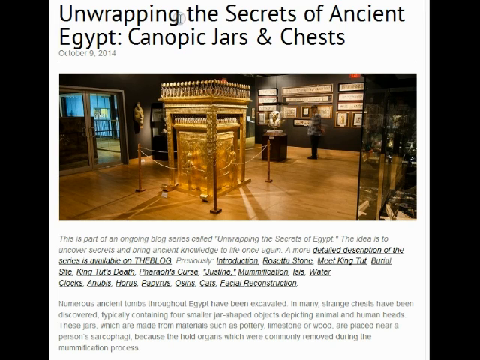Therefore, since there have been so many strange chests excavated in Egyptian pyramids, then certainly they are not the same shape. They would not all be a chest that would be shaped like a box. Let's look at some examples of this.